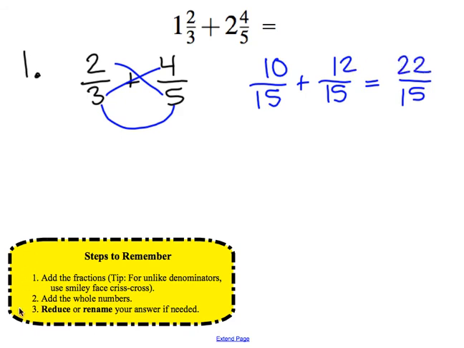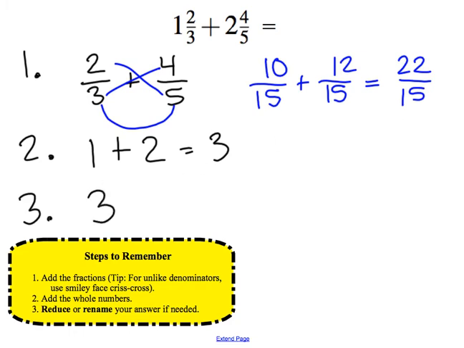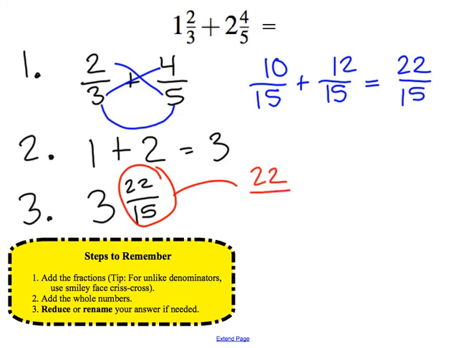Step 2, down in our steps to remember, we're going to add our whole numbers. We've got a 1 and a 2. 1 plus 2 is 3. And in step 3, we put our whole number and our fraction back together. So we have 3 and 22/15. Again, we're looking at an improper fraction here. We cannot leave our answer as an improper fraction. So we're going to take our 22/15 and change that back into a mixed number. 15 goes into 22 one time with 7 left over.